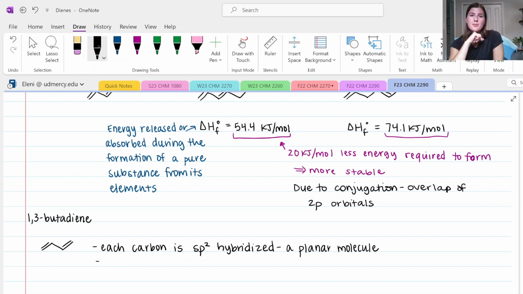Now with each carbon being sp2 hybridized, that also means that each carbon has an unhybridized p orbital.